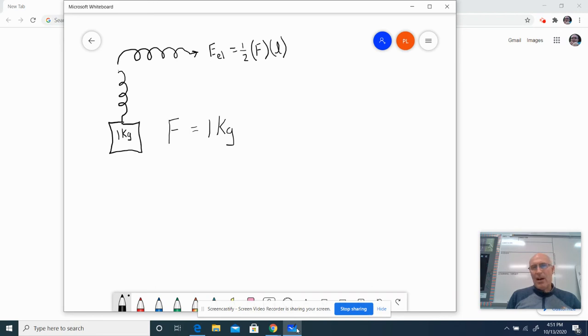Or, in other words, how much gravity could pull that kilogram mass down if the kilogram mass weren't stuck on the spring, right? It would fall towards the ground and it would accelerate. It would get going faster. And we write the amount of pull, or the amount of acceleration, that gravity can cause on that 1 kilogram mass this way.